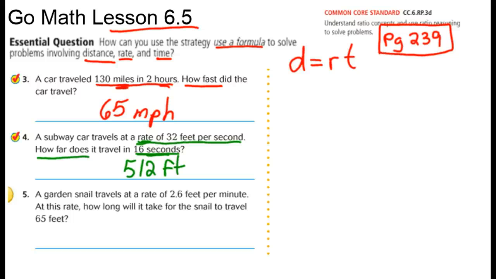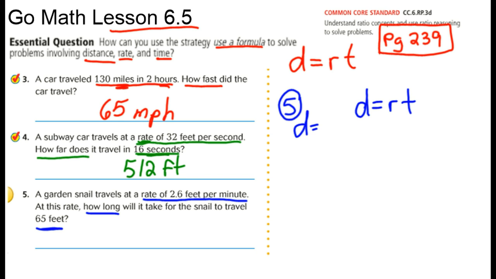A garden snail travels at a rate of 2.6 feet per minute. At this rate, how long will it take for the snail to travel 65 feet? So, question 5, following the same steps that we used on questions 3 and 4. Always start with your formula, D equals RT.